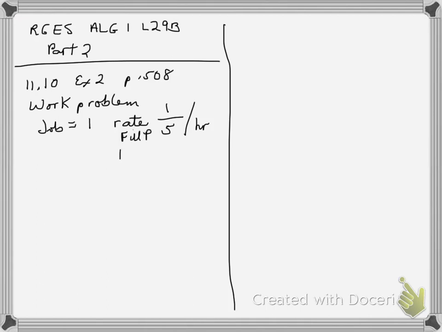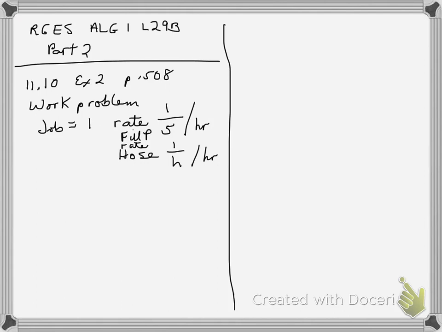The rate of the hose, we don't know, because the next part says with the fill pipe and the hose together, it takes only 3 hours. And then it says how long will it take to fill the pool with just the hose. So 1 over H per hour is the rate of the hose by itself.